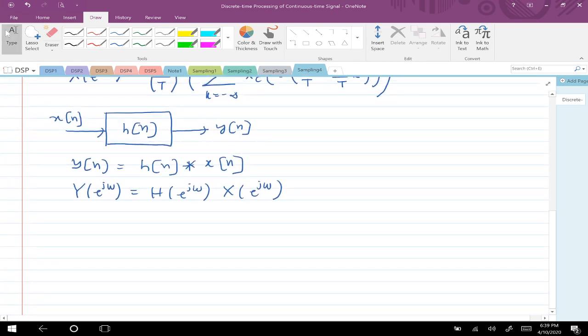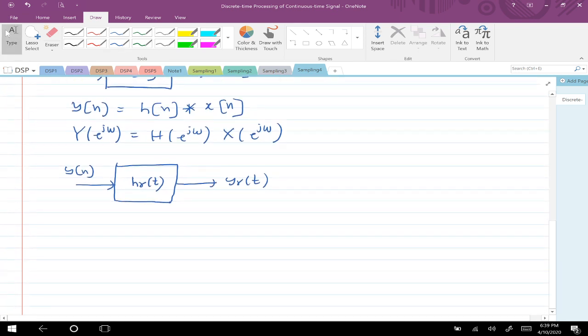So now the block diagram for it, if you want me to draw: it takes as an input your y[n], and what you get out of it is y_r(t). We had written that in terms of h_r(t), if you recollect the previous couple of lectures, part A and part B of your third lecture.